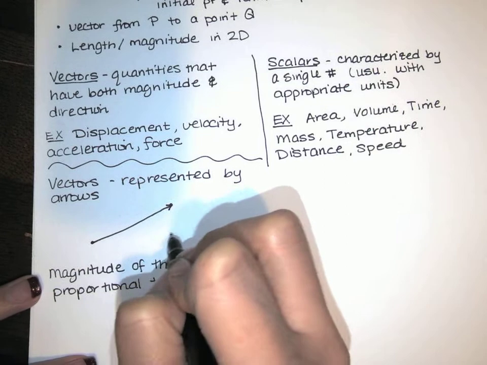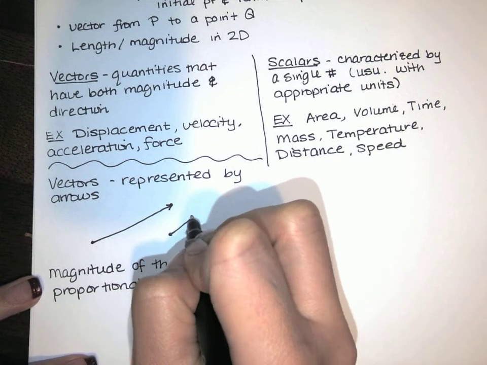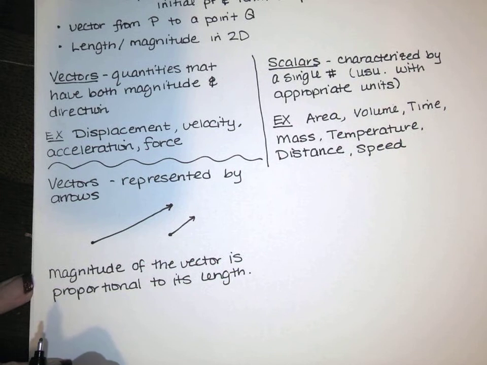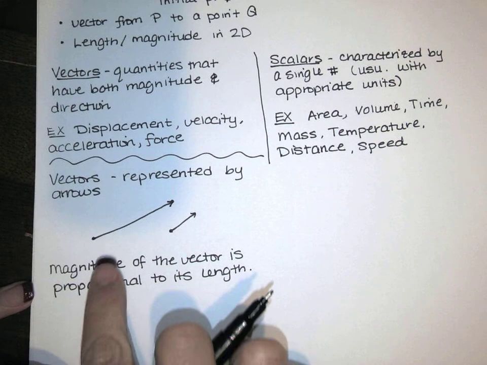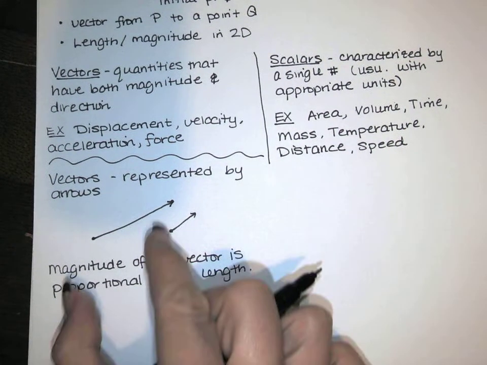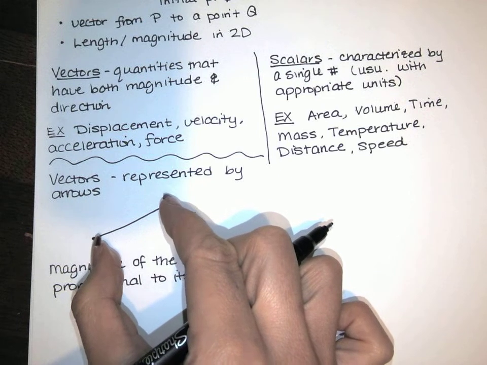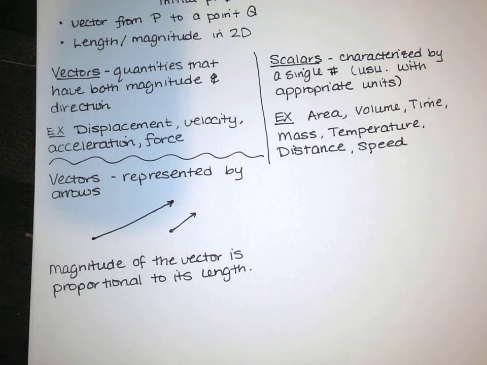This one has a certain magnitude, I could measure it. That one has a smaller magnitude, just because it's smaller. Now in general, again, I might actually be measuring that distance with a tape measure, or it might be proportional to that, depending on what that vector quantity represents.